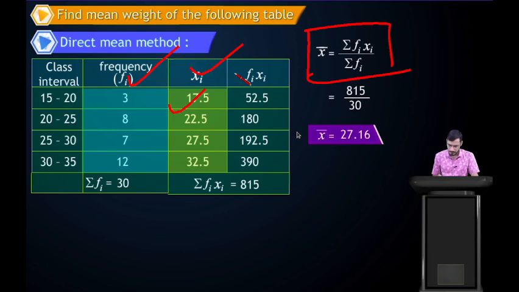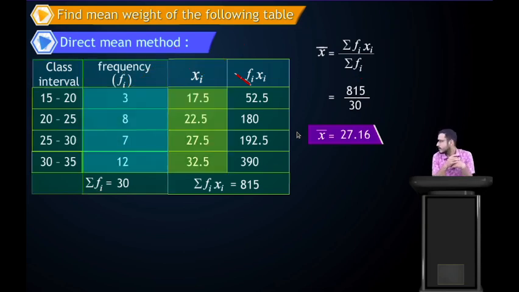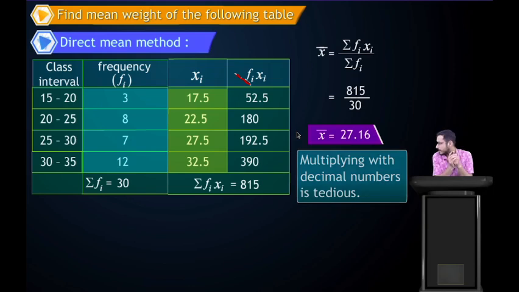Now, that is the direct mean method. Here, students, you can see the xi are decimal numbers: 17.5, 22.5, 27.5, 32.5. Multiplying with decimal numbers is tedious. Yes or no? Yes, it's very tedious.